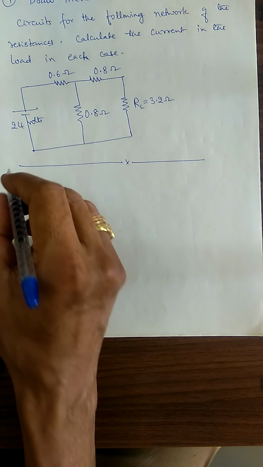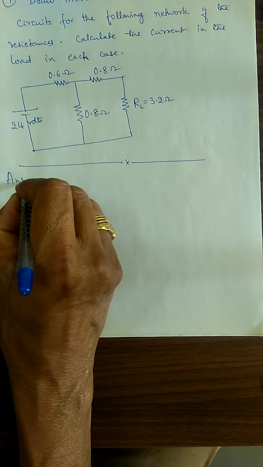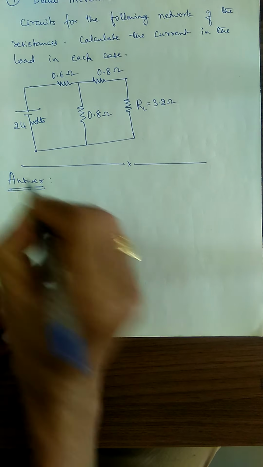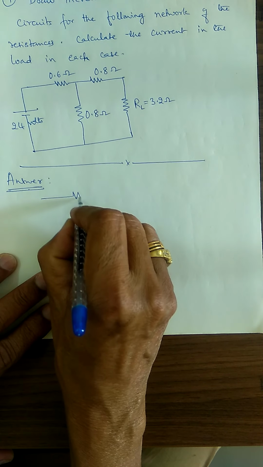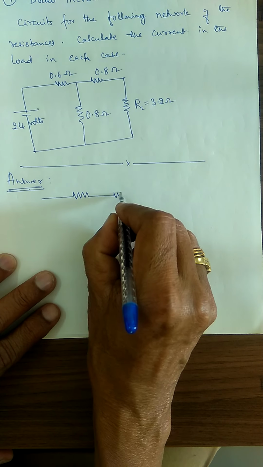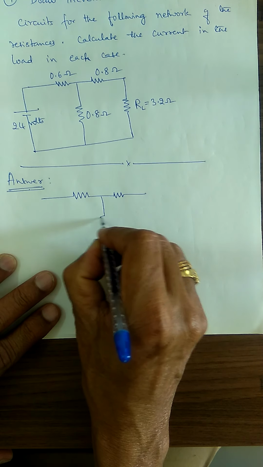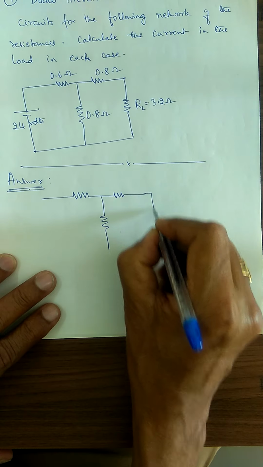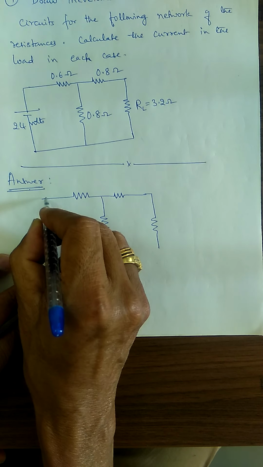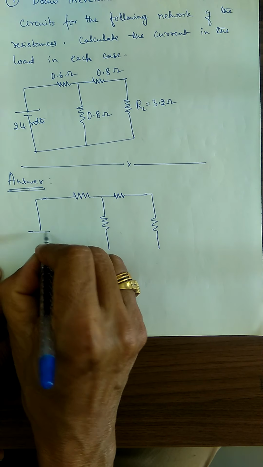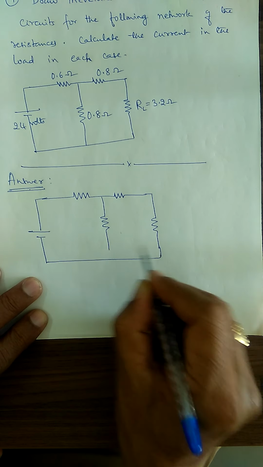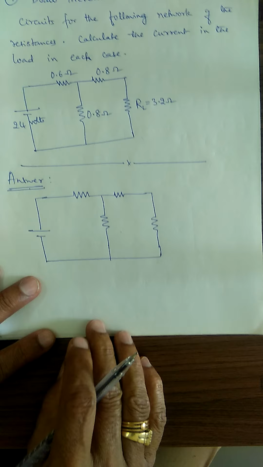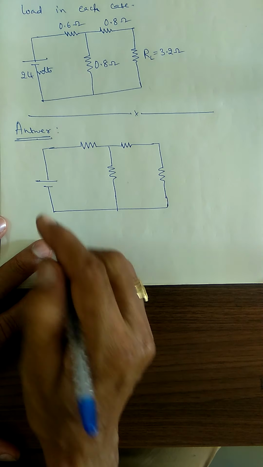First I will write the answer circuit like this, because we have to mention which is R1, which is R2, which is RL. Even at the time of the exam we have to write like this.